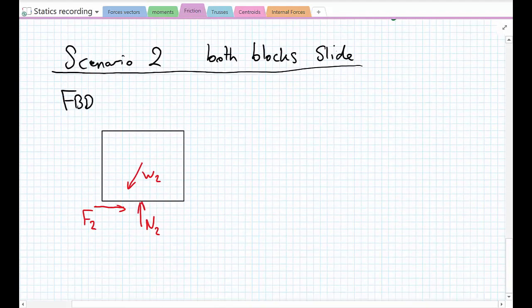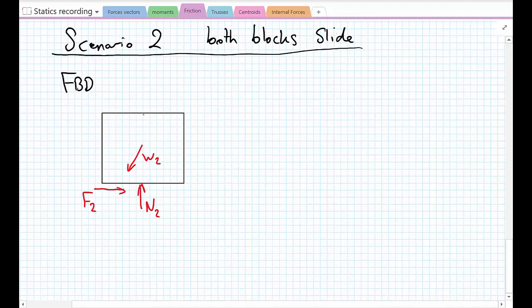So we also have the weight of block 1, and as a result of the weight of block 1, we will have a normal force between block 1 and block 2. So block 2 would be creating a normal force pushing on block 1, and block 1 would create the equal and opposite force acting on block 2.